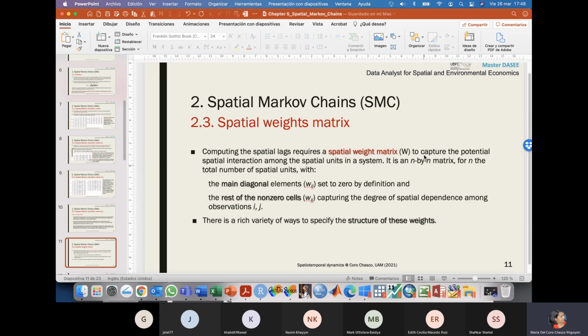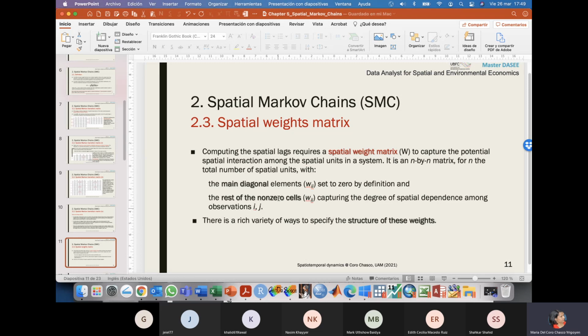This is what makes a city grow or shrink or whatever phenomenon it can experience. So this spatial interaction that happens among the spatial units in a system can be absorbed. It is not the only way, of course, of considering neighboring values, but this is a main tool for spatial econometrics, as you must know.